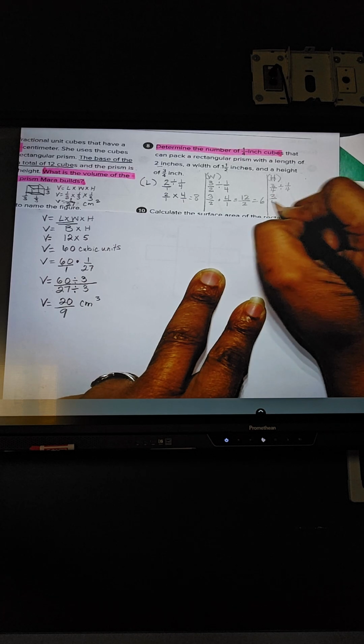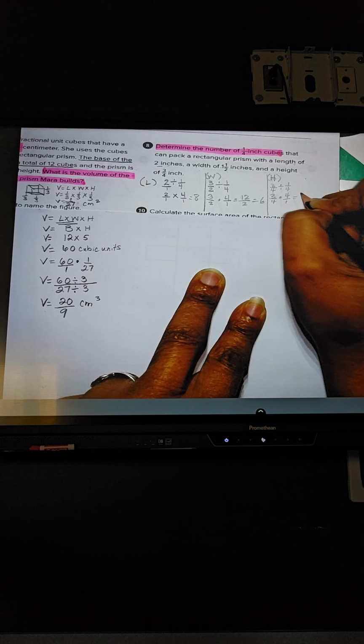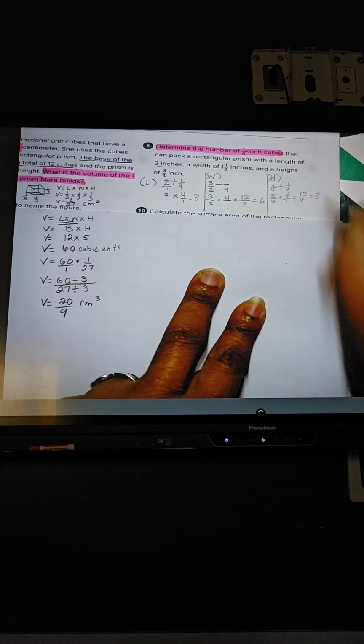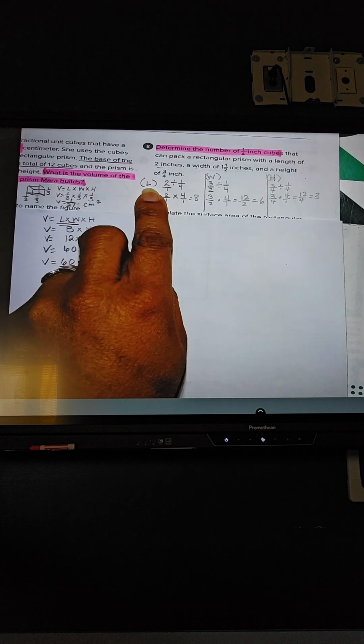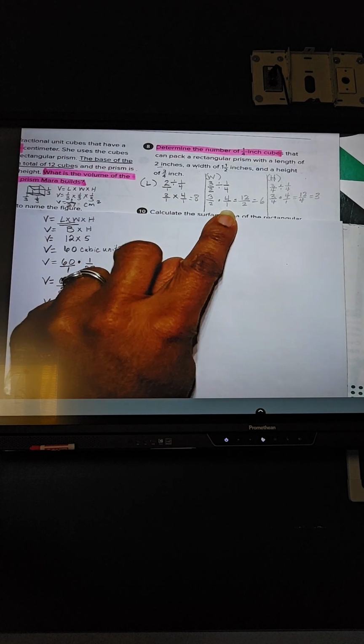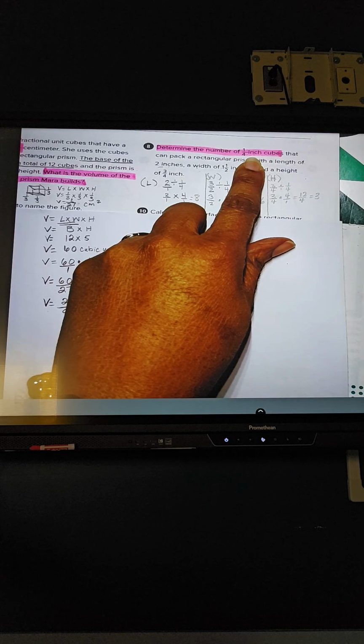Keep, change, flip equals 12/4, which equals 3. Are we done? No, because all we did was decide on the length, the width, and the height divided by 1/4 inch cube.